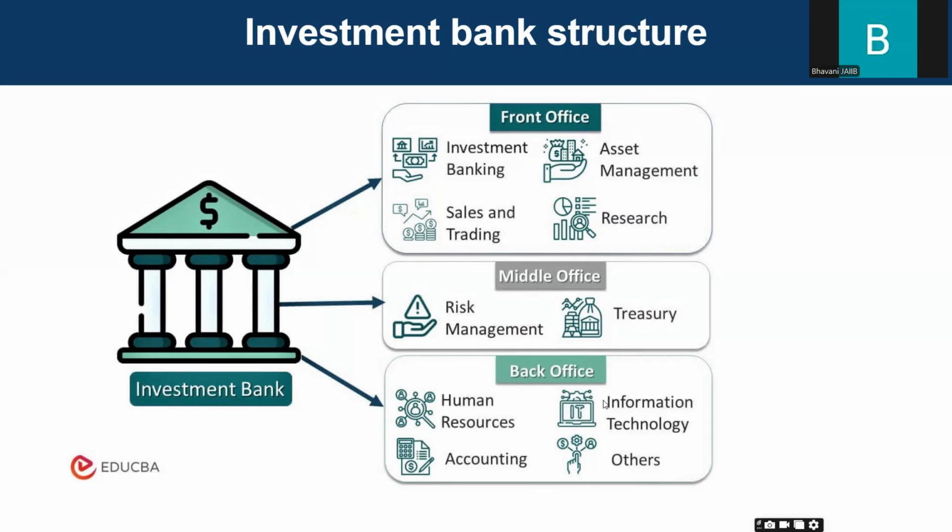The back office consists of operations and technology, administration, accounting, human resources. So, all these things are included in the back office. Think of front office as salespeople, the middle as analysts and back as support staff. So, this is the investment bank structure.